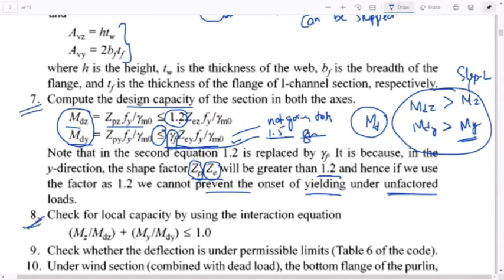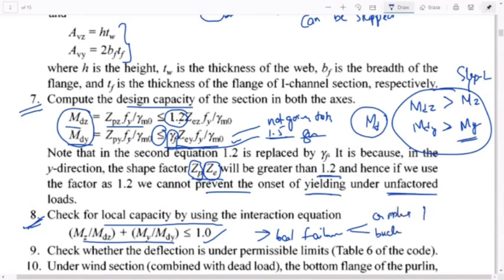And in step 8, this is the check for local capacity. If this check is satisfied, local failures are not going to happen. So you know what is local failure? That is crippling and buckling, which are not going to occur.